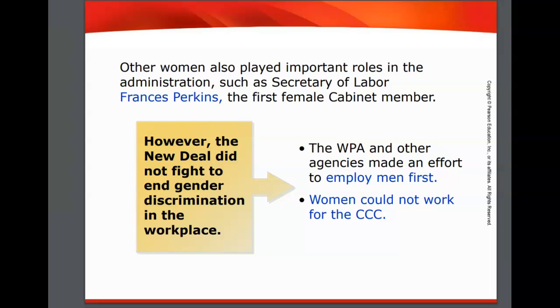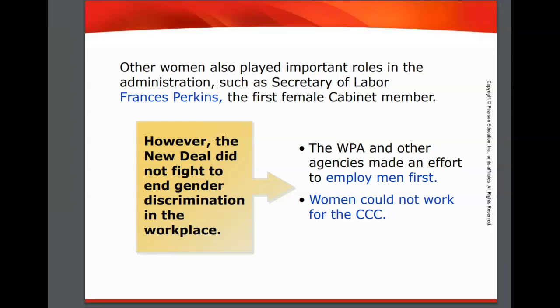The closest that we would come probably would be, well, not even the WPA, the Works Progress Administration, because many of these programs made an attempt to hire men first. And there were some programs like the Civilian Conservation Corps, the CCC, where women weren't even allowed to work for those organizations.